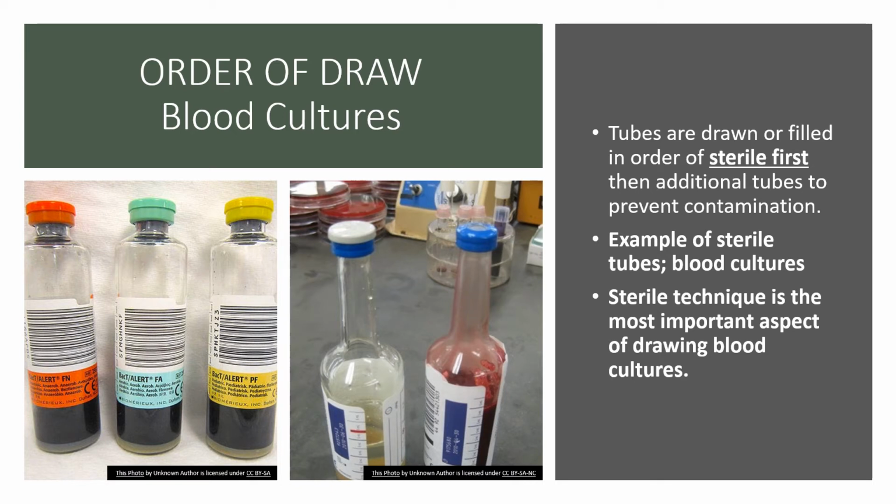Because if that bacteria is growing inside your body, we want to set it up so that if it is there, it will grow so we'll know what it is. And the way we do that is by setting it up with its best environment. We give it some really good media or some type of broth so it has all the nutrition it needs to grow that it would have been getting from inside your body.